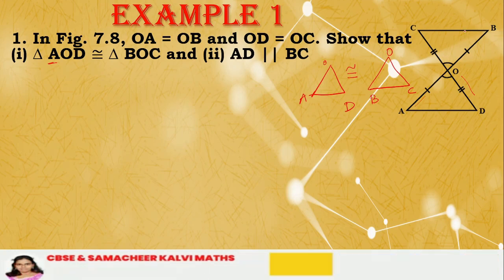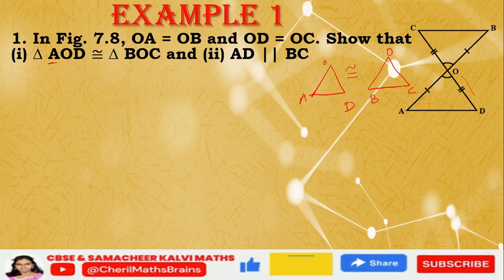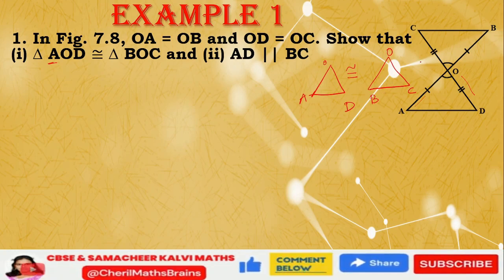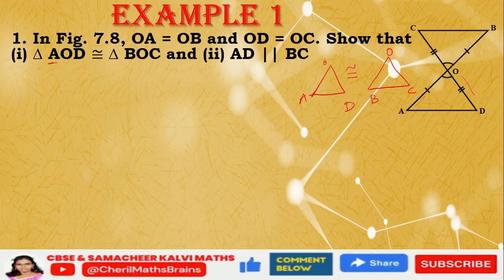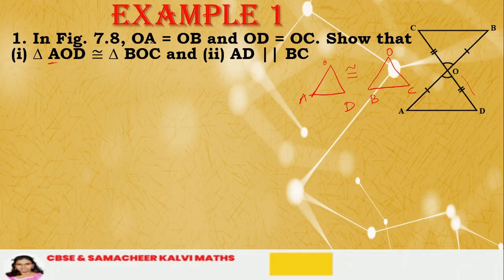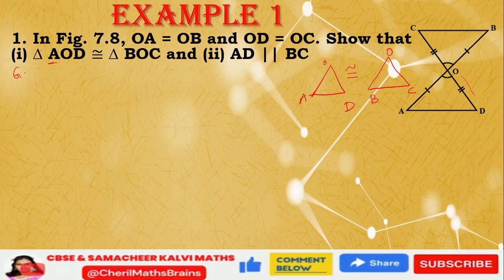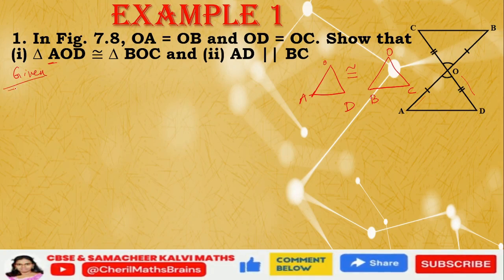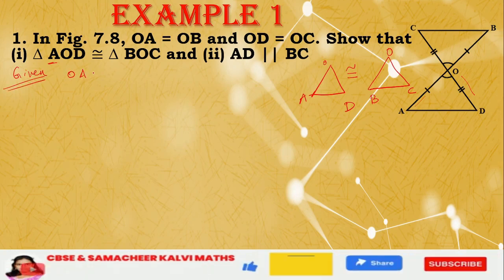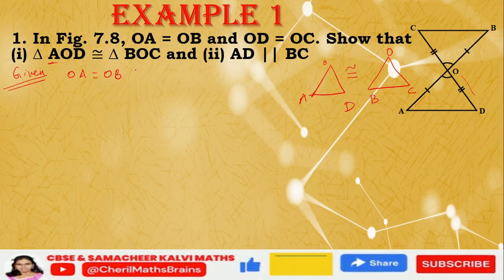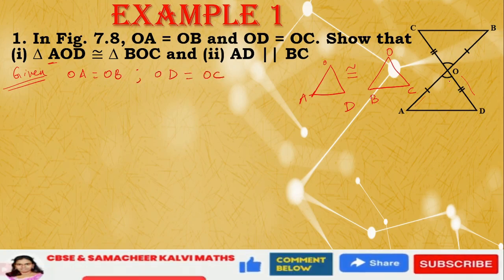See, here the triangle is upside down, but I have redrawn it so that I can check for the congruency. Now we are given that OA is equal to OB and OD is equal to OC.